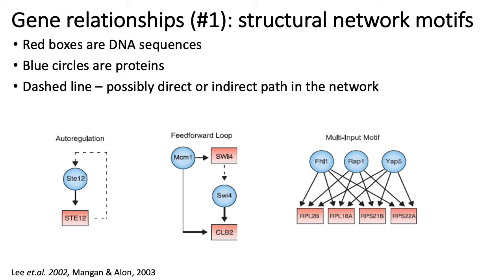And what this potentially indicates is that not only do they regulate the same downstream genes, so they might act in the same pathway, but they might also be acting cooperatively. They might need to see each other's binding sites in order for regulation to happen.